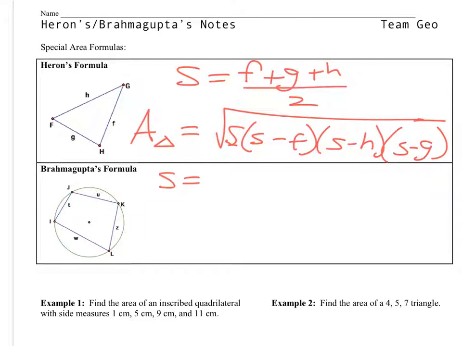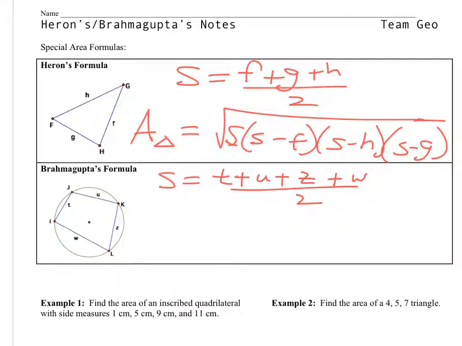Okay, so the semi-perimeter then, I have 4 sides. So you just have to do T plus U plus Z plus W divided by 2. It's half of the perimeter. We good?